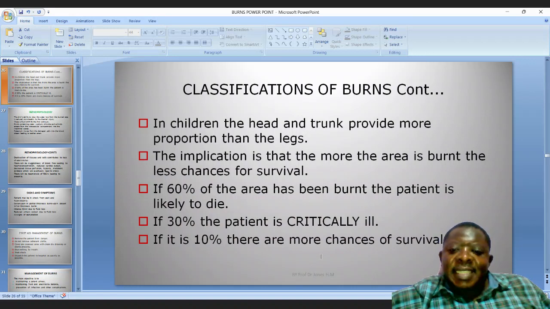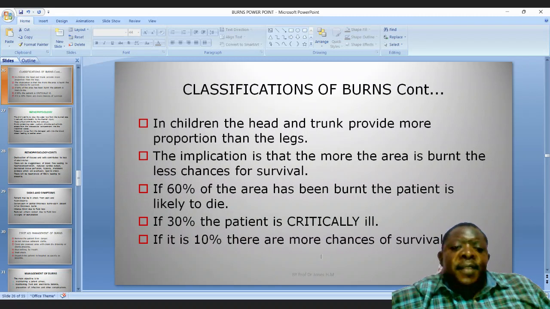Remember, our body is composed of 60 to 70% water. So if 60% is burnt, there's only about 10% of water remaining in the circulation, and this can bring about shock.